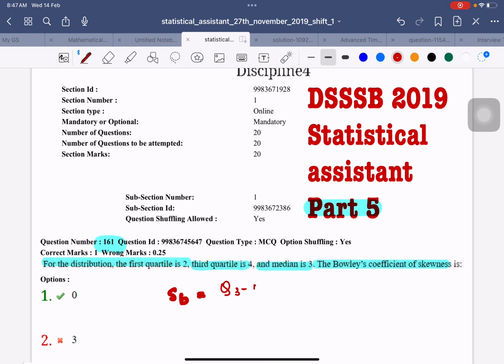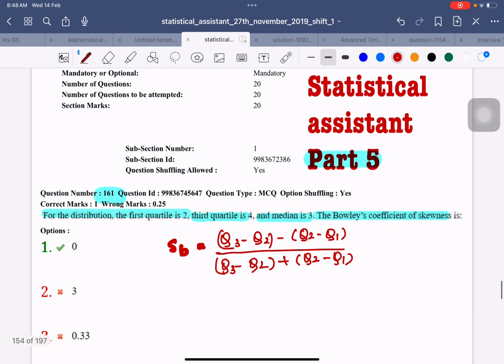Q3 minus Q2 minus Q2 minus Q1, over Q3 minus Q2 plus Q2 minus Q1. So चलो substitute कर लेते हैं. This is Q1, this is Q3 and this is Q2.